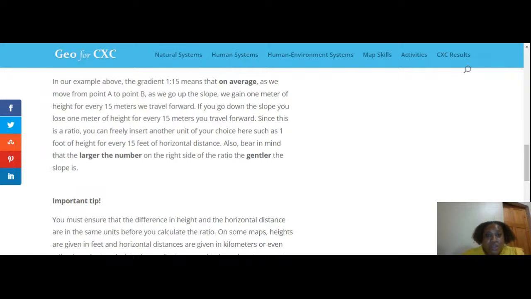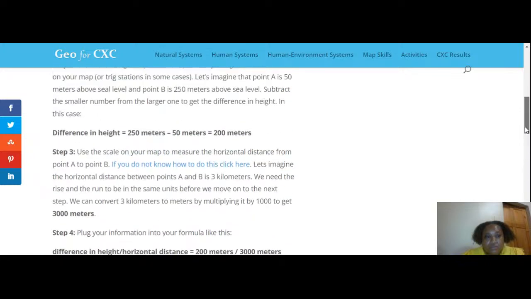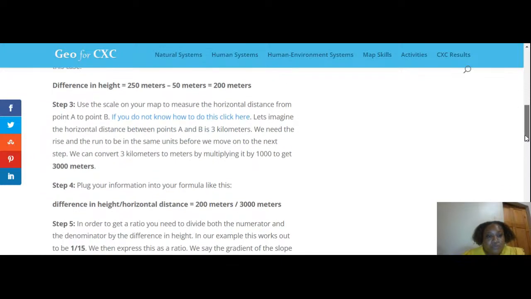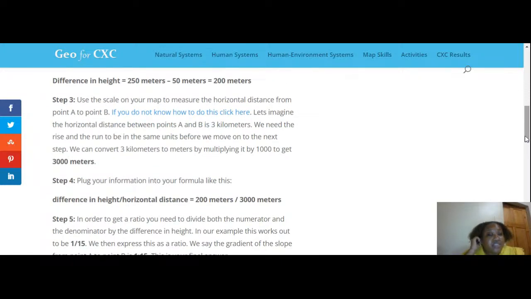So use the scale on the map to measure the horizontal distance from A to B, right? If you don't know that, then you could go back and click to review how to do it.